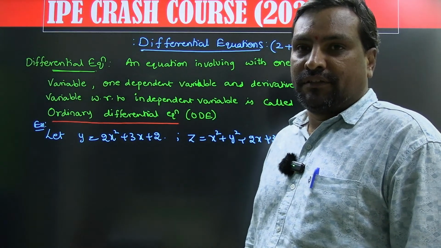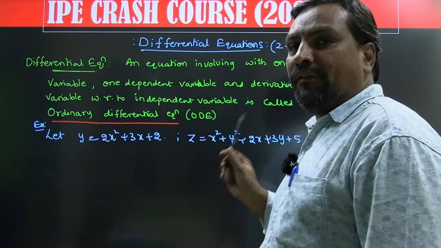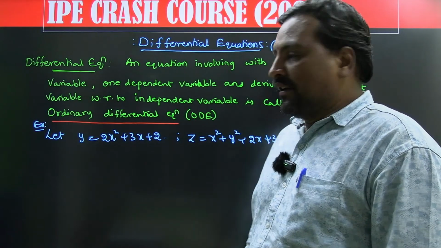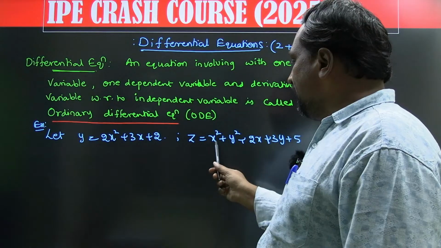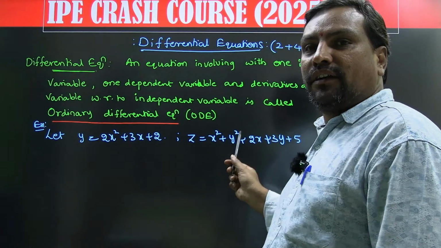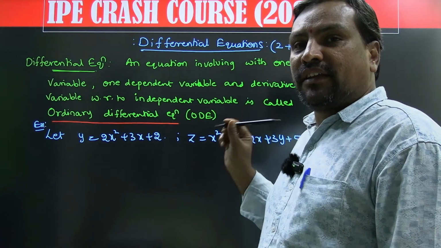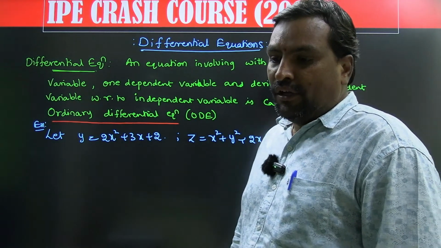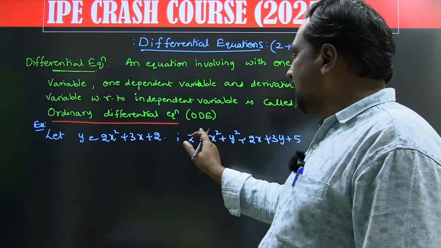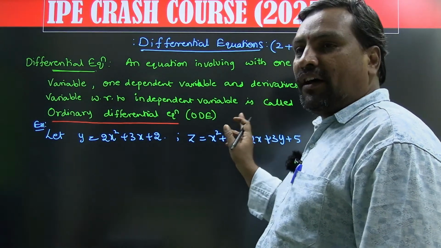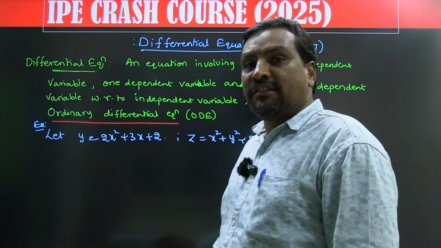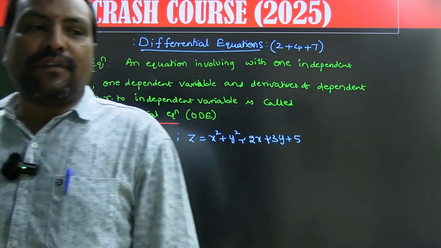So z depends on x and y both. So here z is the dependent variable and x and y are independent variables. It is one or more independent variables.